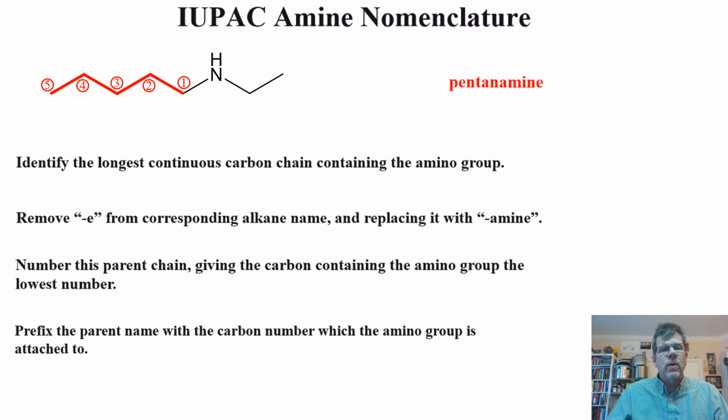After we do that, we have to prefix that pentanamine parent name with the carbon number which that amino group is attached to. Look, that nitrogen is connected to the 1 carbon. So we'll put 1-pentanamine. And now we enter into something wherein we're really in different territory.